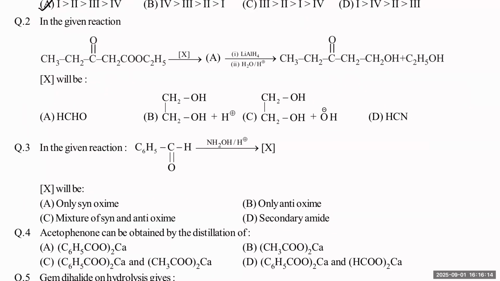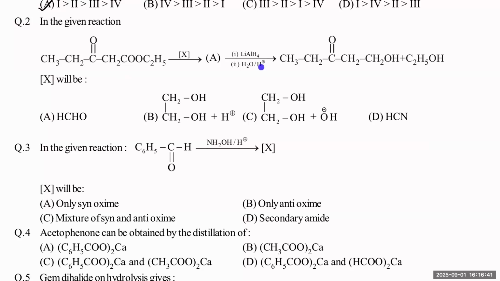Second one. For this compound, you're reacting with something so that you're getting A. And that A is finally undergoing reduction with lithium aluminum hydride, and in that case you're getting this particular compound here. Now, have you noticed something?